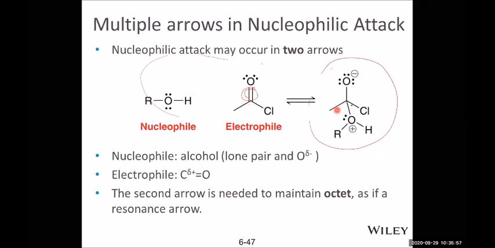And also there's a bond change. This is a new bond, not in the reactant. So this bond must be formed between the reactant and product. We form this bond. So there are 2 bonds getting involved.